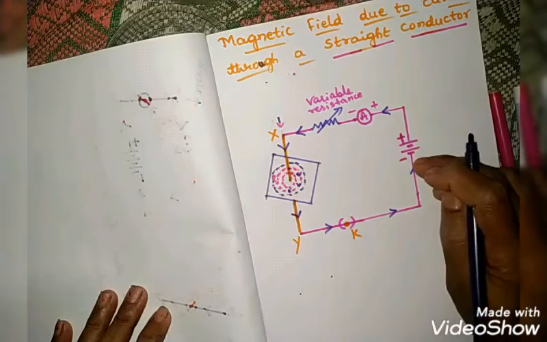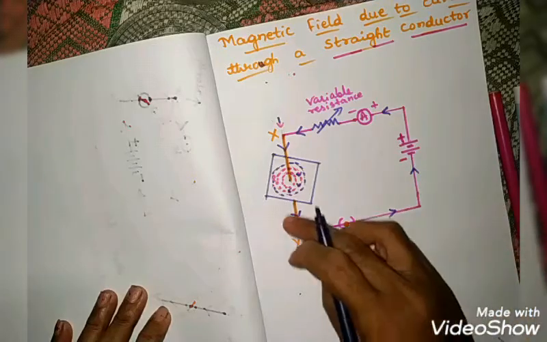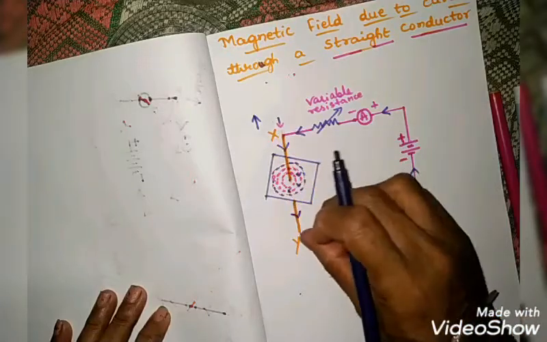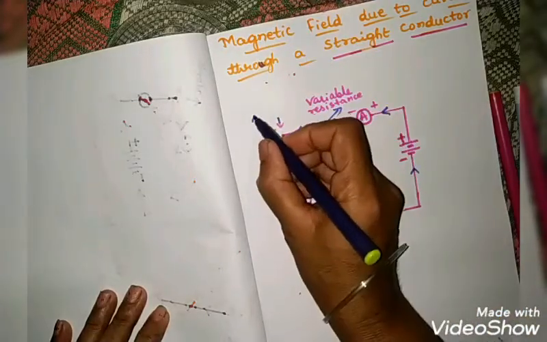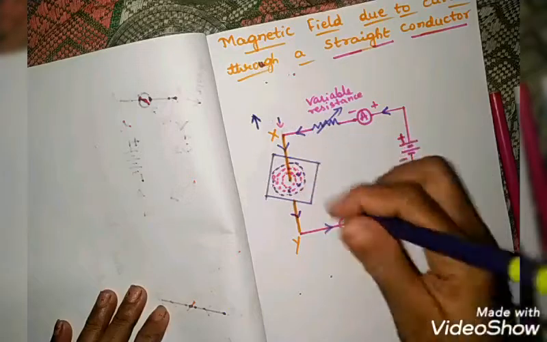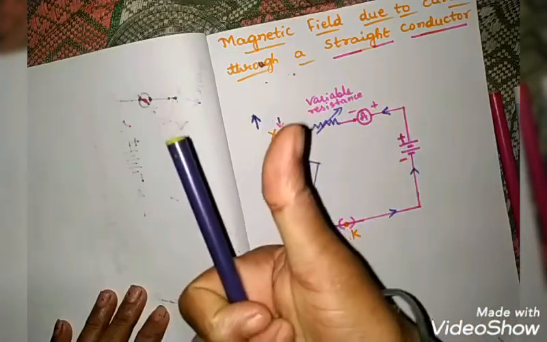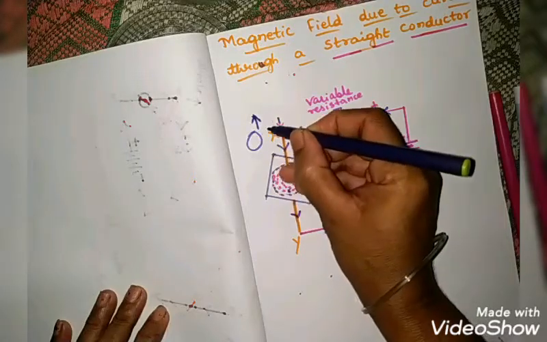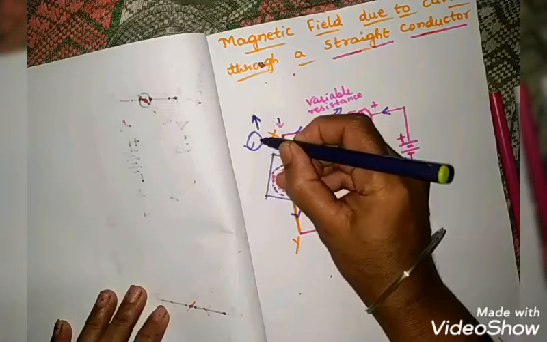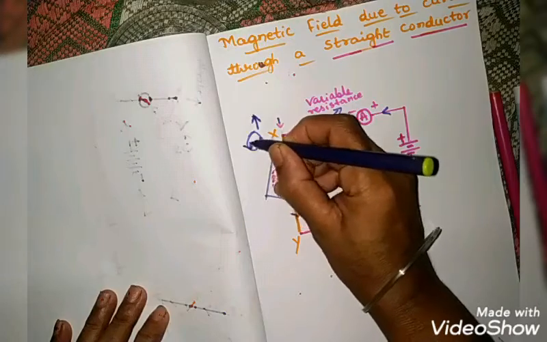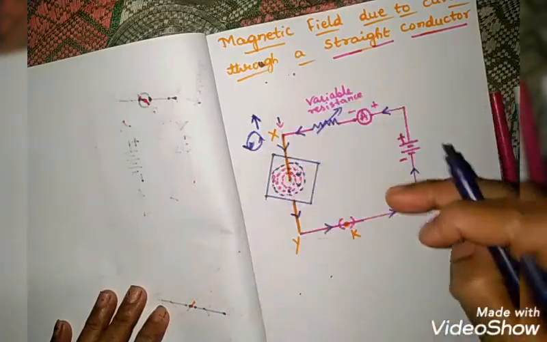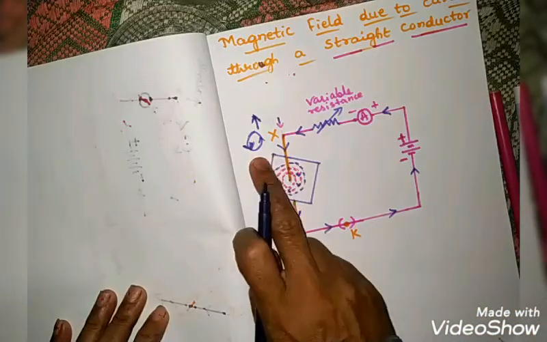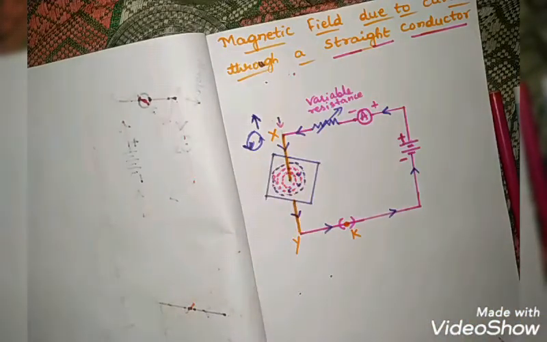From positive to negative, the current will flow in this direction, from Y to X. So in this direction, the magnetic field will be from right to left, that is the anti-clockwise direction. Understood? So it depends upon the direction. We can find it out by knowing the direction of the current.